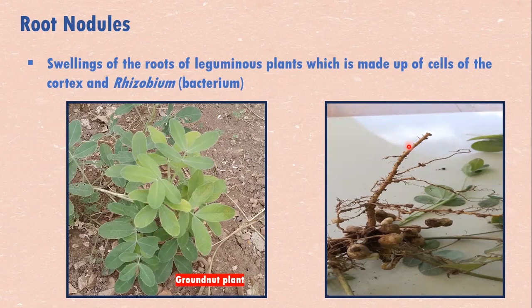What they do is to absorb atmospheric nitrogen and turn it into ammonium for the roots to use. So the roots get ammonium. Very, very neat. Root nodule. Swellings on the roots. Cortex made up of cortical cells and bacteria.